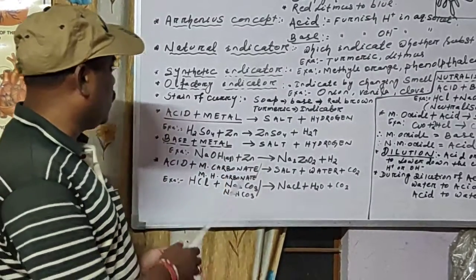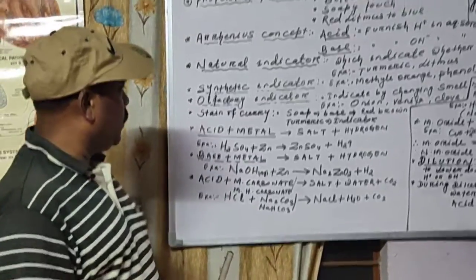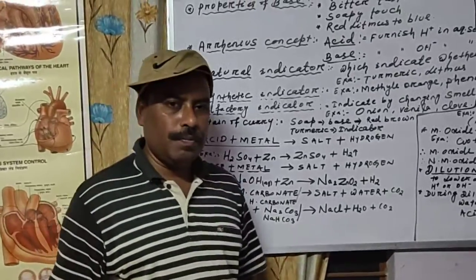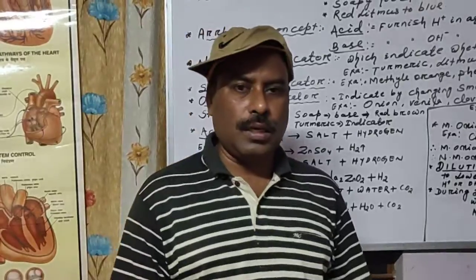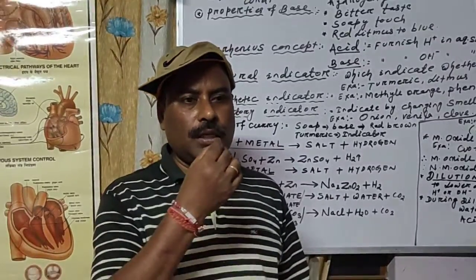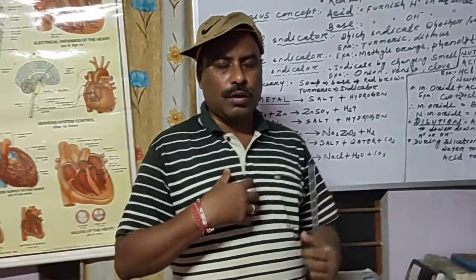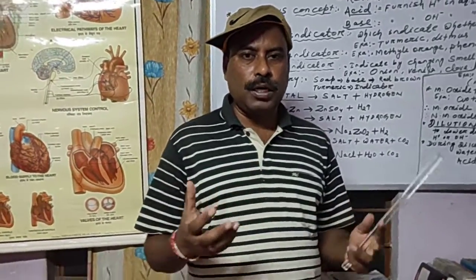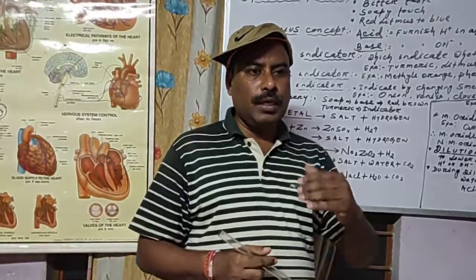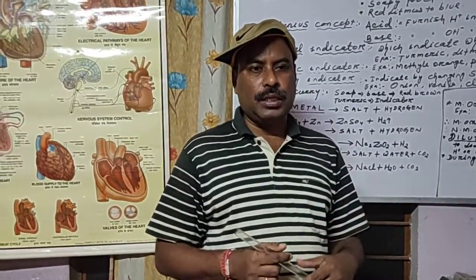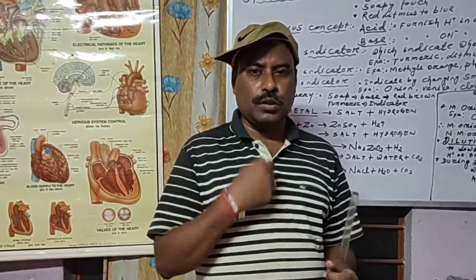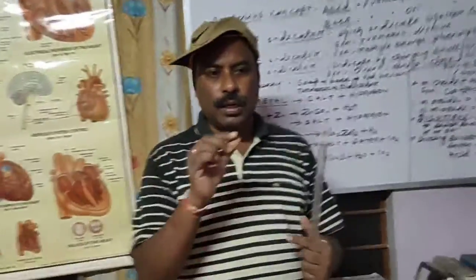Okay, next I am giving one example. In our daily life, when we take our meal, sometimes a stain of the curry gets onto the cloth. If it is a white cloth, it is properly visible. Then when we wash it with soap, we rub it with the soap, and we get a color change.